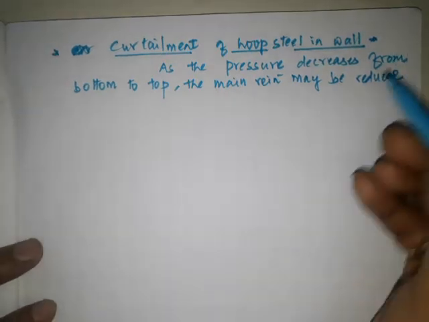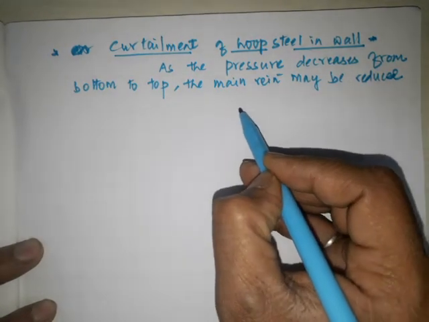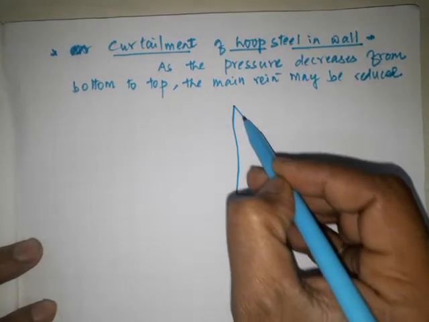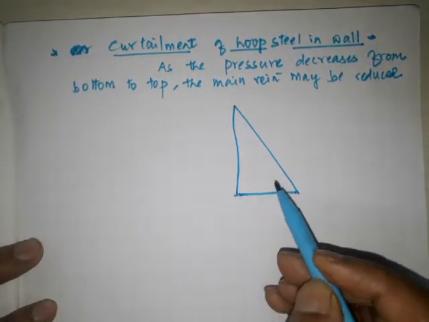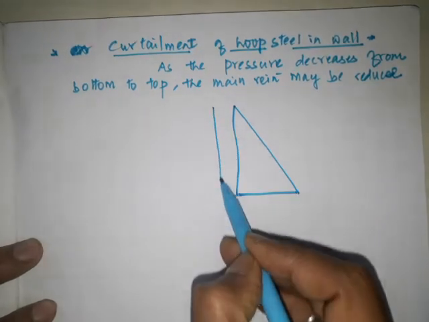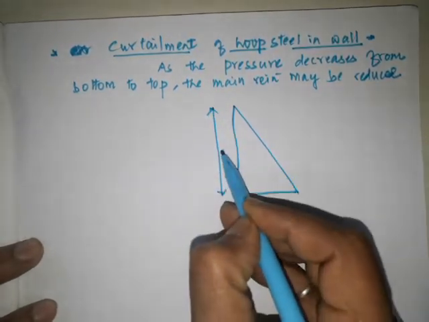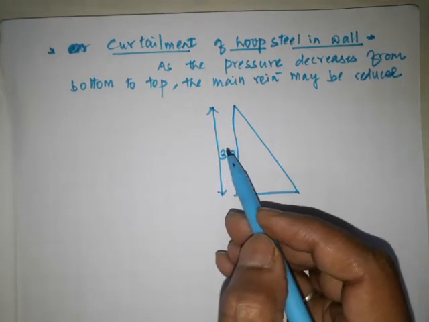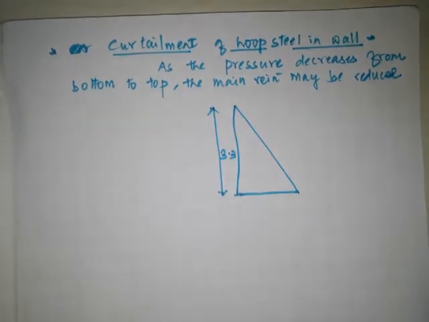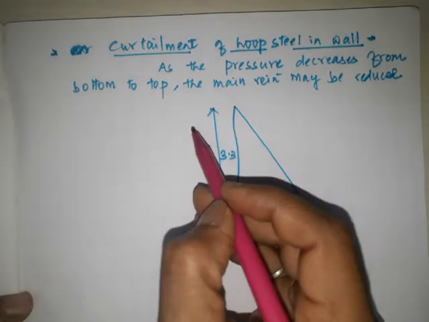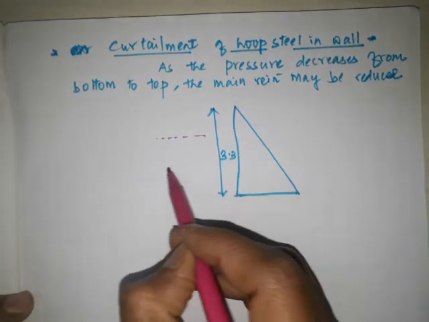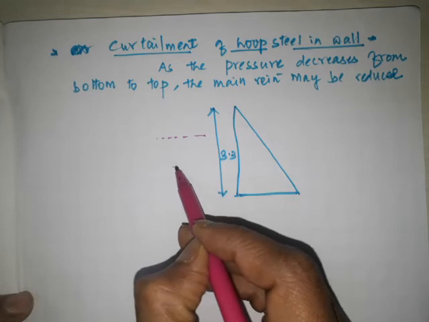So if I draw the pressure distribution diagram here for height, the total height of the tank is 3.3 m, so you can do the curtailment by making levels. I can have 3 levels here, this level and this level.